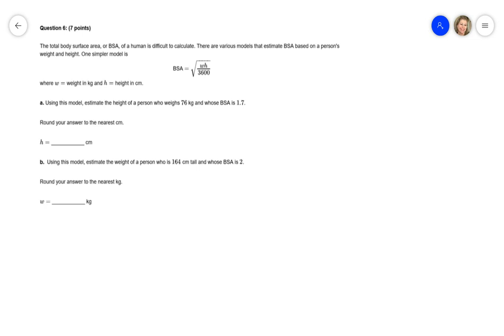All right. A says using this model, estimate the height of a person who weighs 76 kilograms and whose BSA is 1.7. So the formula says BSA is equal to the square root of WH over 3600.